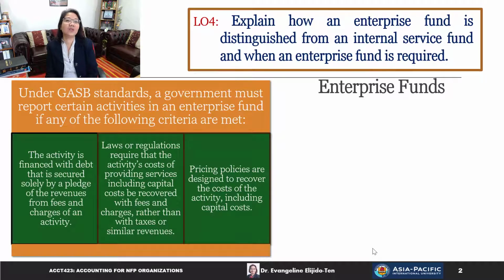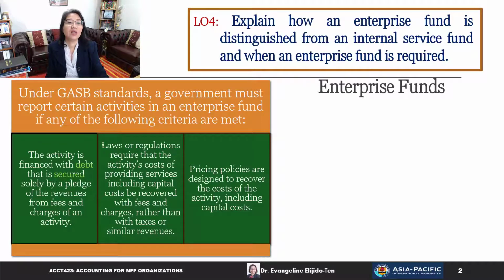Under GASB standards, a government must report certain activities in an enterprise fund if any of the 3 criteria are met. The first one is that the activity is financed with debt that is secured solely by a pledge of the revenues from fees and charges of that activity.